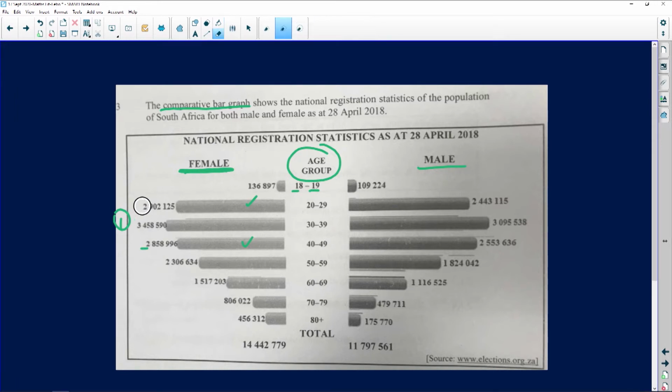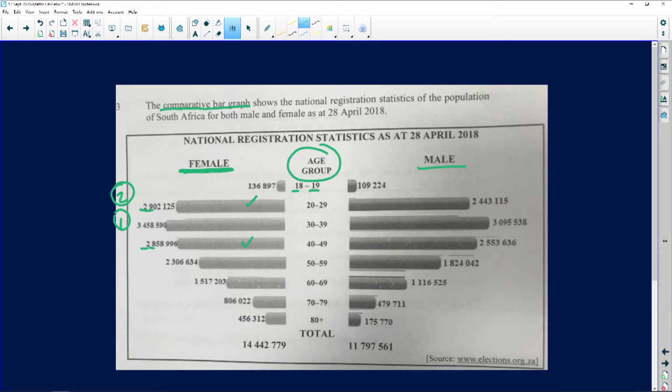They are both 2 million. But then what is the next number that follows? Because they are both 2 million, the next thing that we can look at is the next number. Here we can see it's a 9 and here is an 8, because these bars look almost equal to each other. So now we can make our conclusion that this is going to be the second highest.